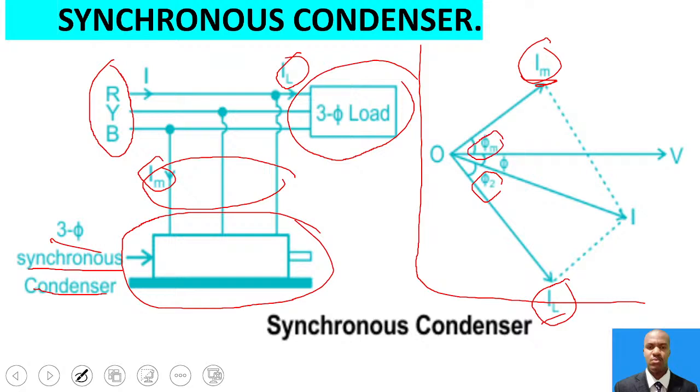So the current to our synchronous condenser leads the voltage V by an angle phi m.